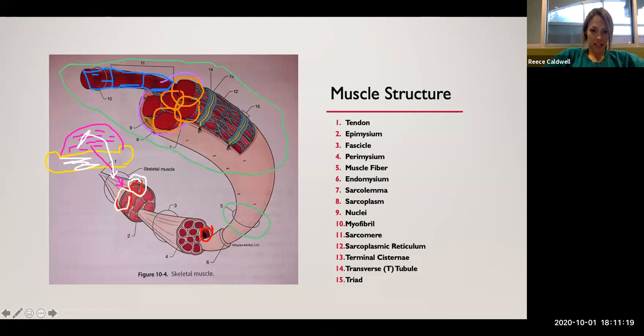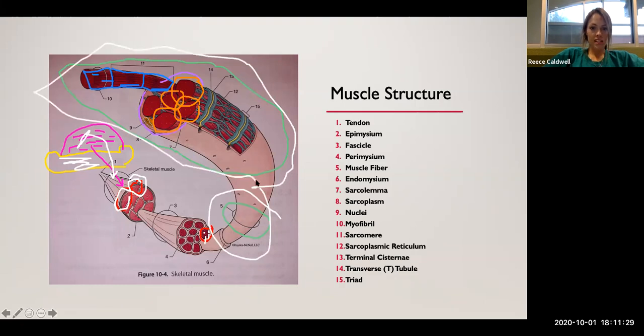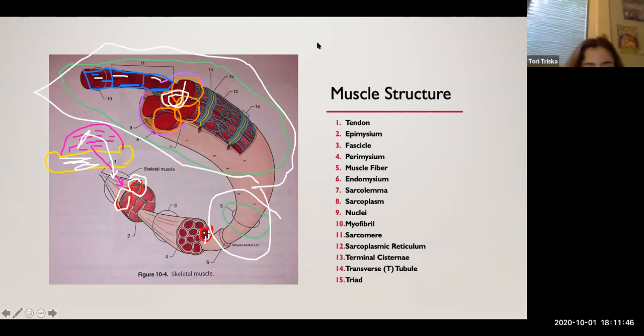These fascicles contain a bunch of little muscle cells. When we look at the muscle cell as a whole, we can see that it has a lot of little organelles in there, most specifically the myofibrils. Inside each myofibril are about 10,000 sarcomeres. So that hopefully makes a little bit of sense to you.